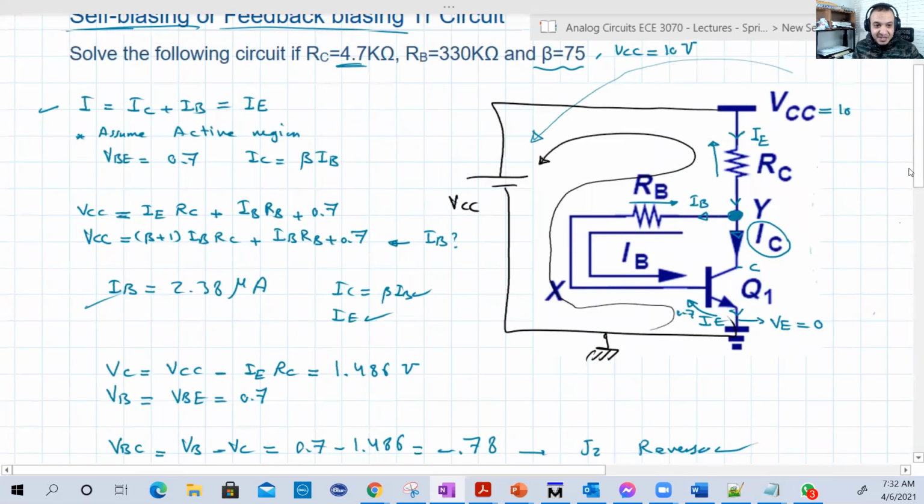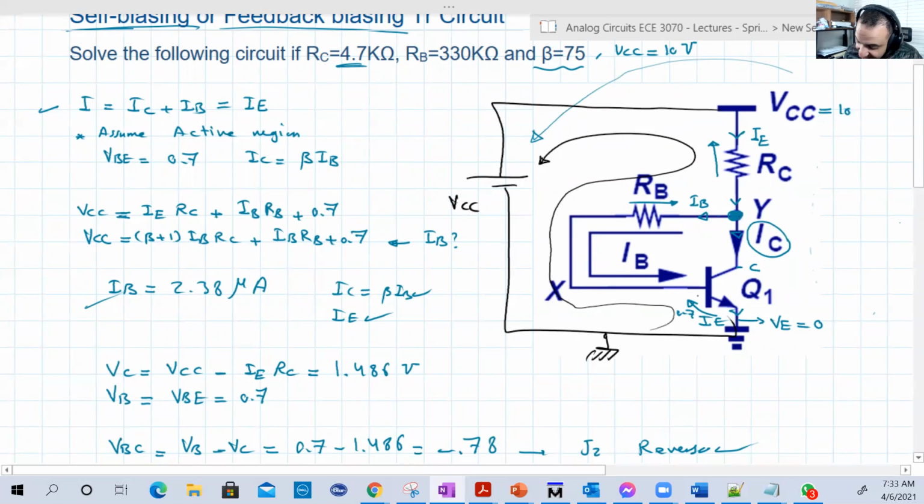Actually, this circuit has another really big advantage: it's working all the time in active region. Whenever you have a VCC, of course this VCC must be greater than 0.7, this circuit will be in active region. Why am I saying VCC must be greater than 0.7?